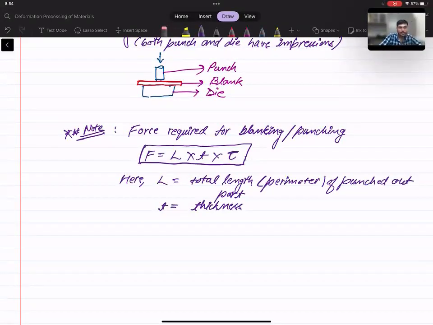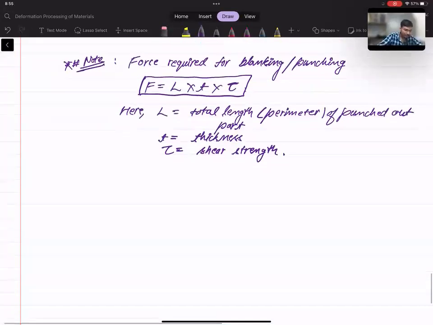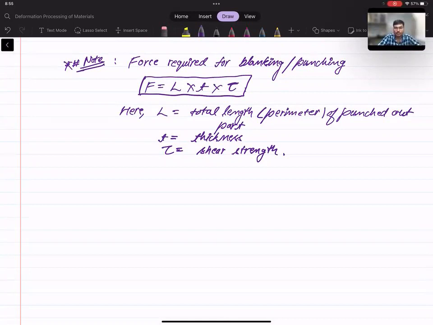And tau is the shear strength. So by this relation, we can find the force needed for carrying out the blanking or punching operation. Let us quickly see a short numerical based on this relation.